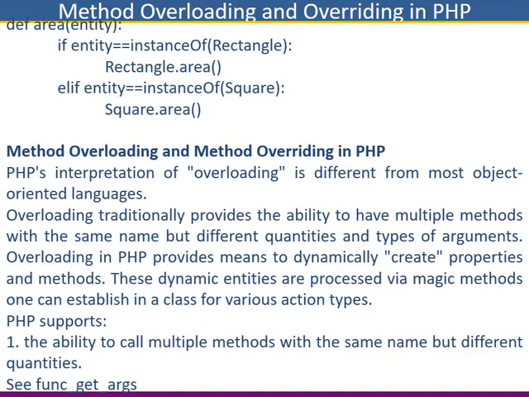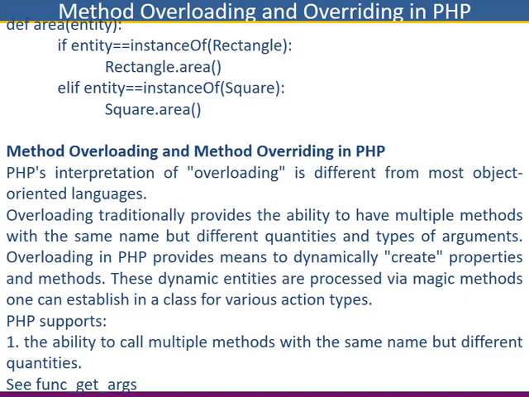Overloading is primarily achieved using the core magic methods, so we'll be looking at that. These dynamic entities are processed via magic methods, and as I said earlier, using core magic methods one can establish in a class various action types.